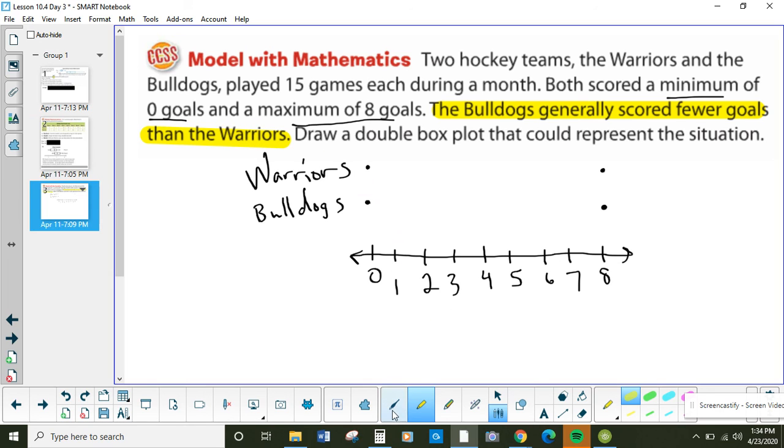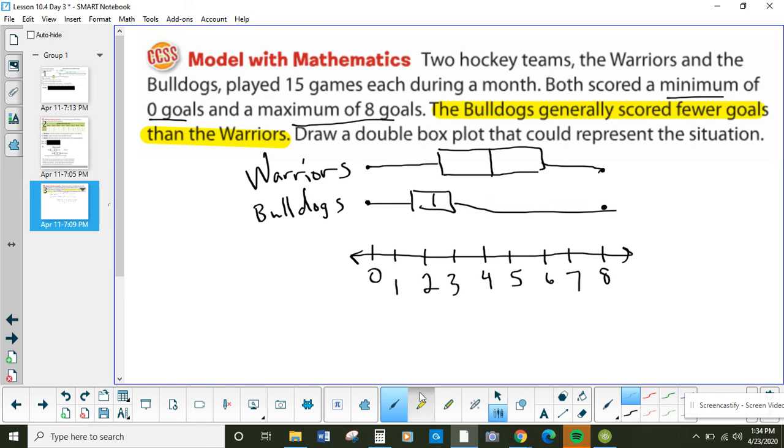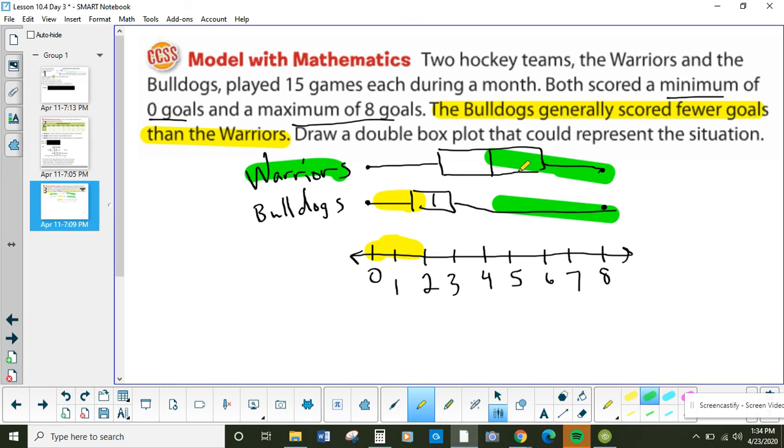So how would that look? Fewer goals than the Warriors. Bulldogs have less. That means wherever the majority of my data lies, and this is not an exact science here, this is just an idea of the fact that if I had more of my quartiles over here for Bulldogs than over here for Warriors, then that would show that the Warriors generally scored more.